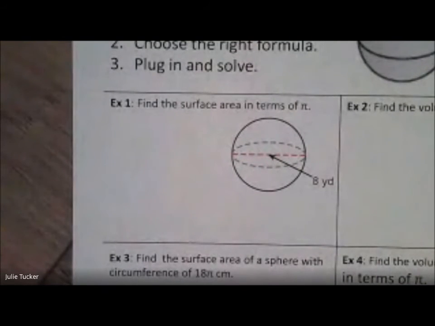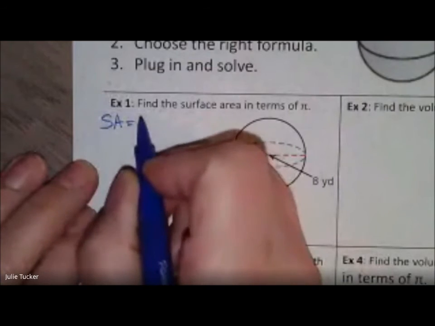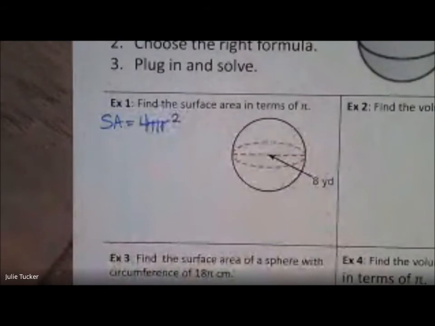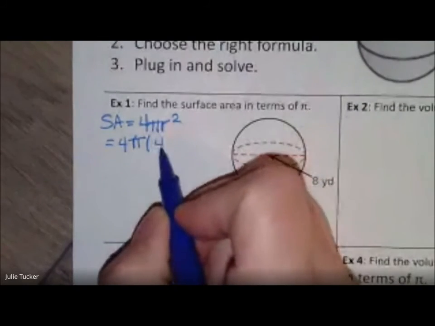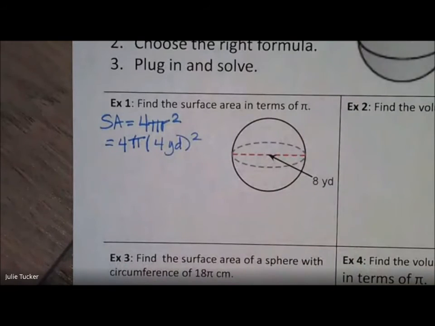It says find the surface area in terms of pi. So surface area is 4 pi r squared. Good. What is 4 squared?